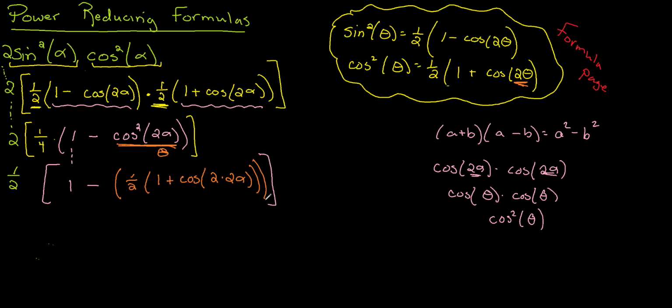Okay. Again, it's really helpful to work down the page and keep everything lined up. Okay, so let's keep going. Out in front, I've got a 1/2. In the big pink brackets, I've got a 1. And now let's clean up this orange mess. I'll keep my parentheses around the orange mess, but in here I've got 1/2, and then distributing again, I've got a 1/2 times cosine 4 alpha.